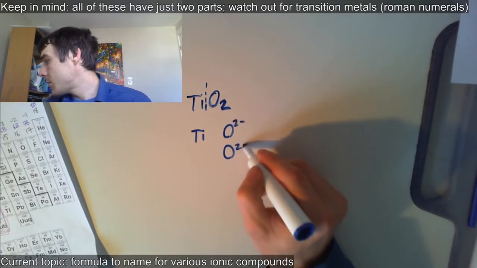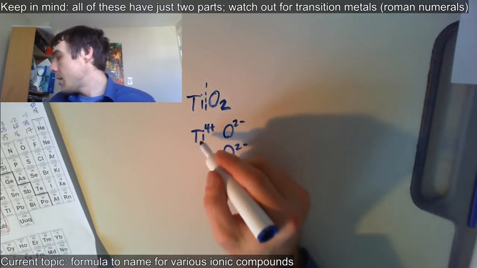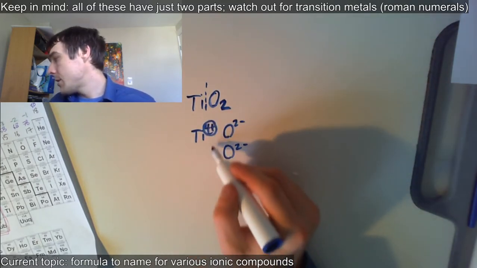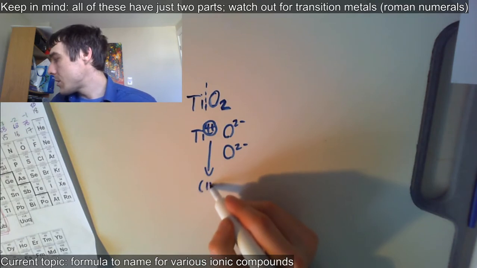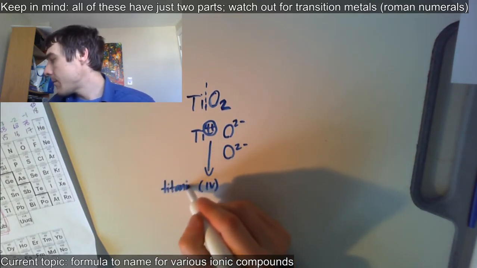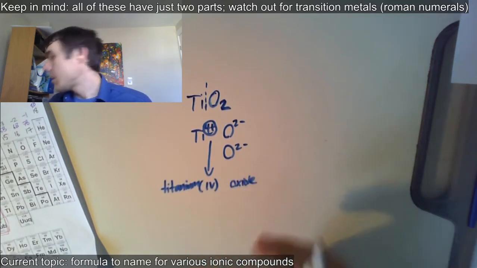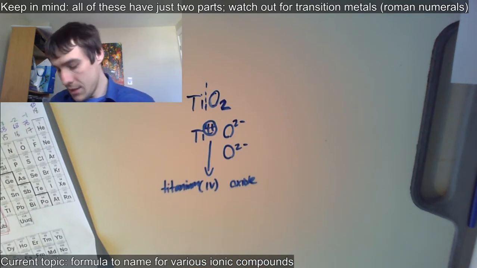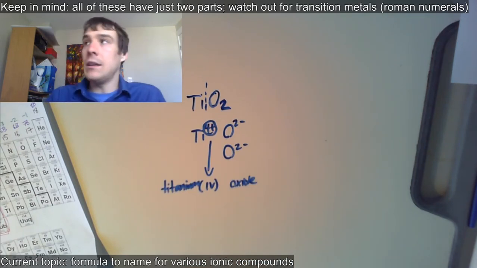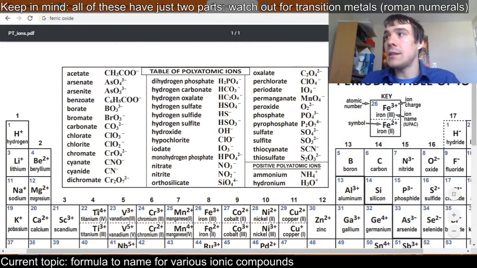Each oxygen has a 2 minus. Naturally, that means that the titanium has a 4 plus. So that 4 plus gives us the charge. We know that the charge on this thing is going to be 4, so we name it titanium(IV) oxide. And that's the name of this thing. It's sometimes helpful to jump back to your table and check that that's actually an appropriate ion, and yes, it is. Titanium(IV) is totally an appropriate ion.